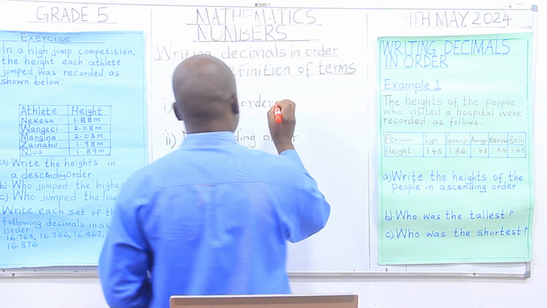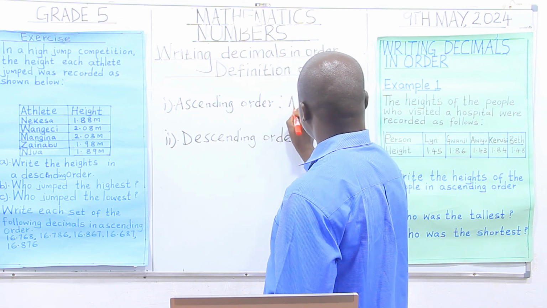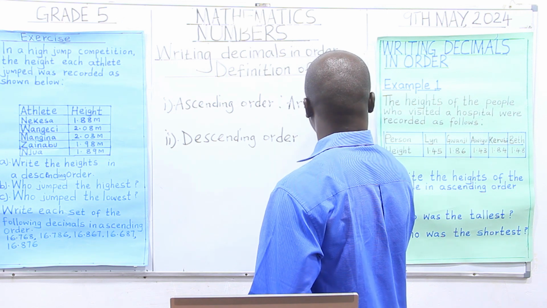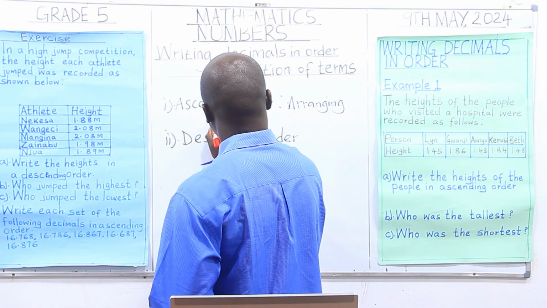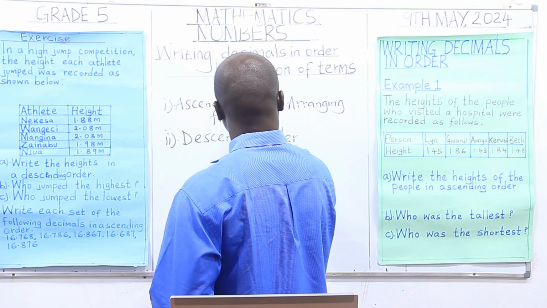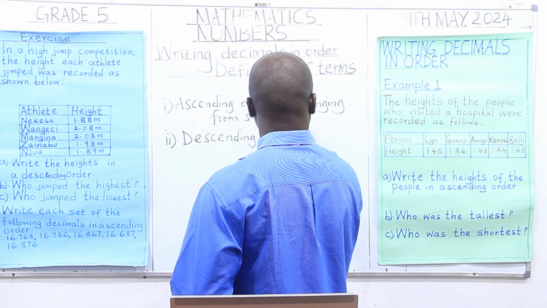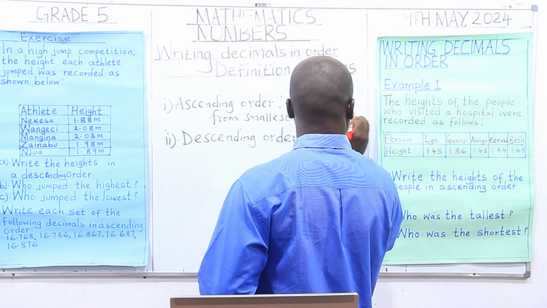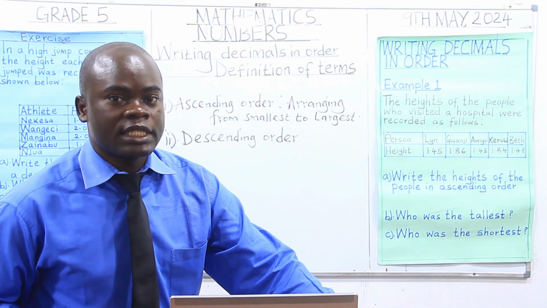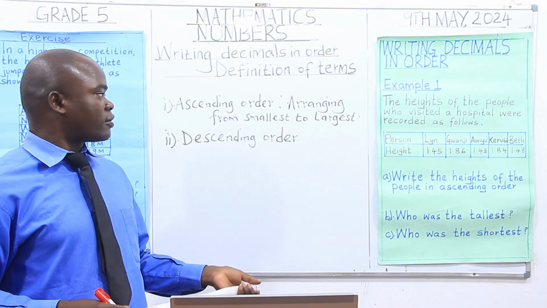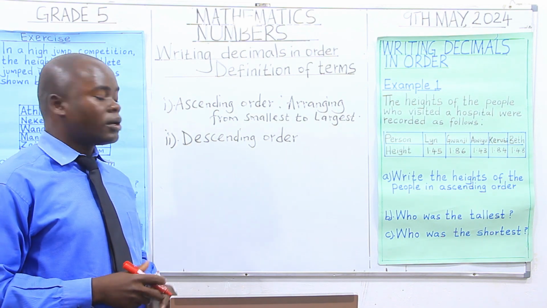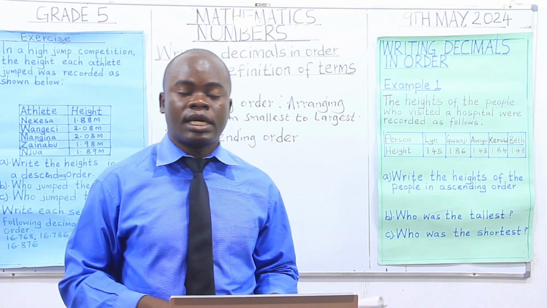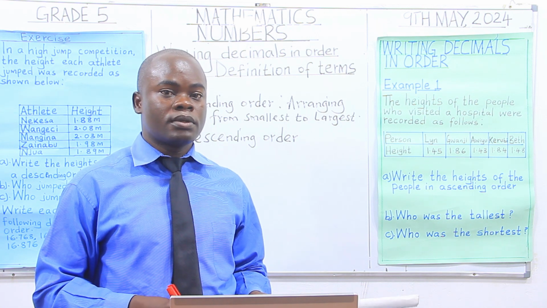So you can just write that. So that is the meaning of ascending order, arranging from smallest to largest. Then when we come to descending order, another term, descending order simply means arranging from the largest to smallest.